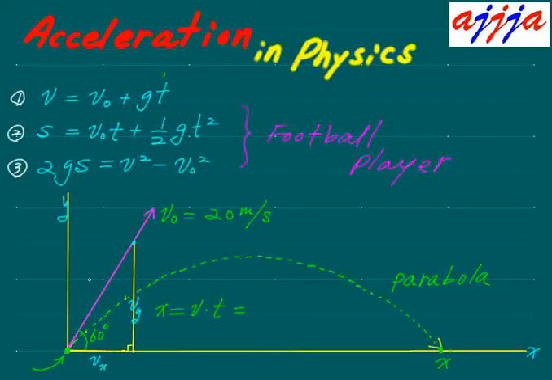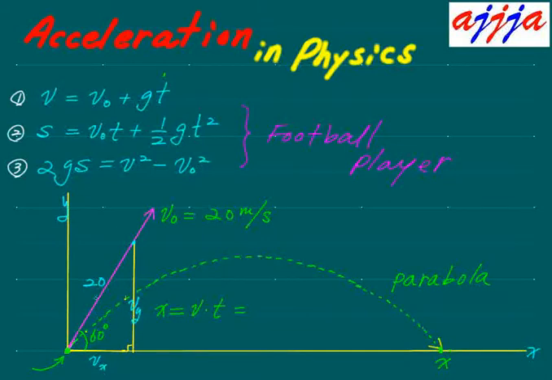In this case, let's say this distance is 20, because of 20 meters per second. That's the initial velocity. But the horizontal velocity is, you know that, this is a 30, 60, 90 degree triangle. So it's a 1, 2, square root 3 ratio, right?